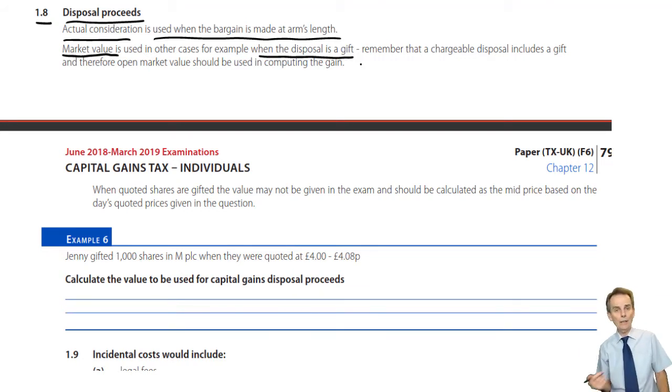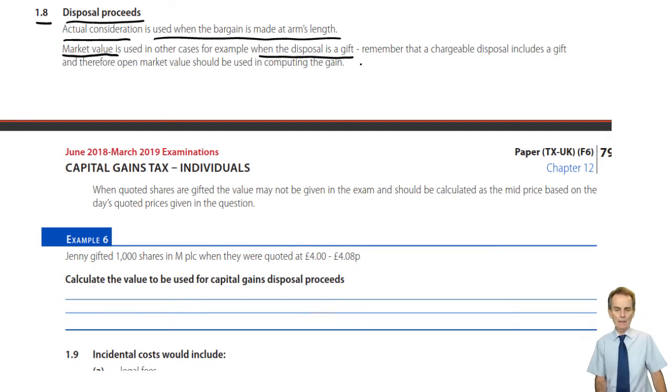If I die, leaving such assets to my kids, on that basis there is no CGT for me on death. Sadly, as we'll discover in a later chapter, we've got inheritance tax that may indeed punch a big hole in what is left of my estate. We've got IHT, but there's no CGT. And the kids, again, would be deemed to have acquired at market value.